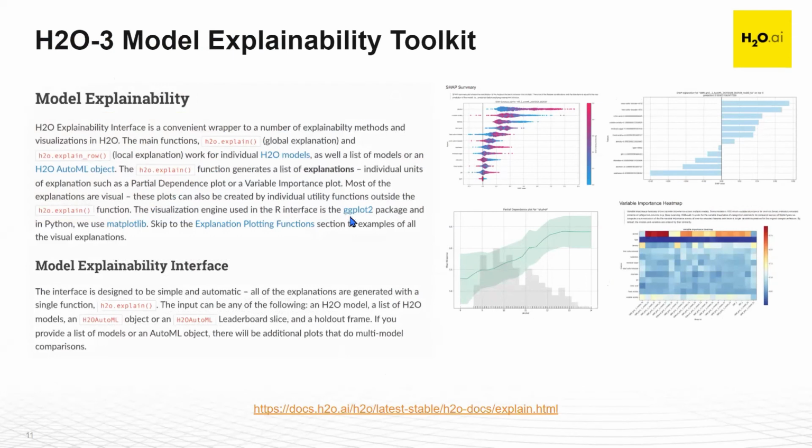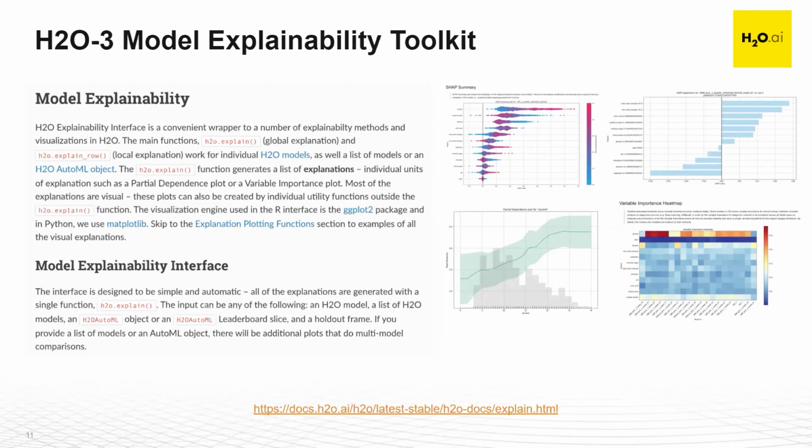We provide a simple wrapper to give you explanations globally and locally with some really nice graphs. What we try to do is help our users explain the model quite easily with just a few commands.